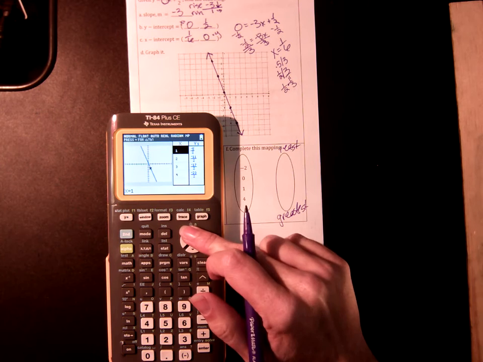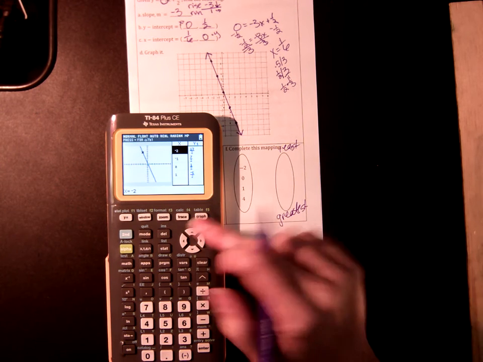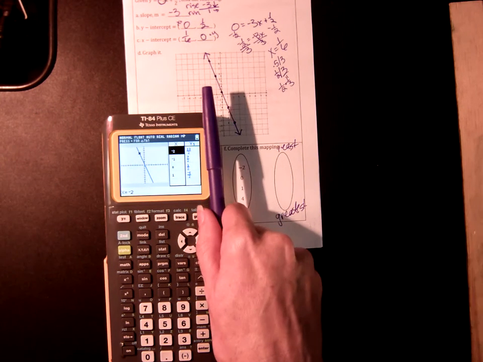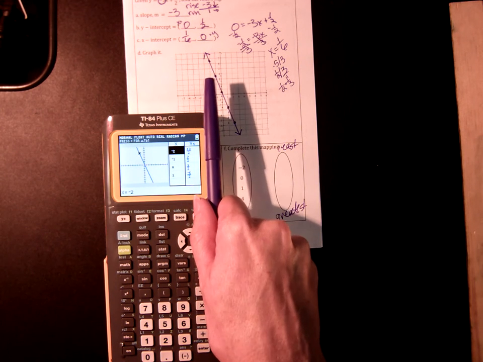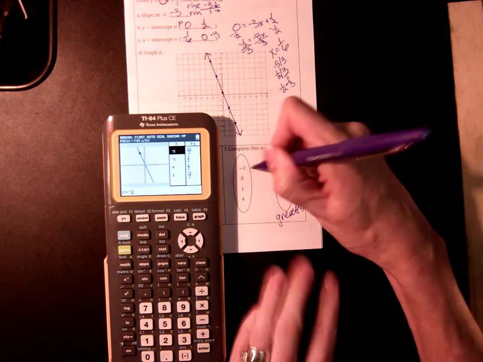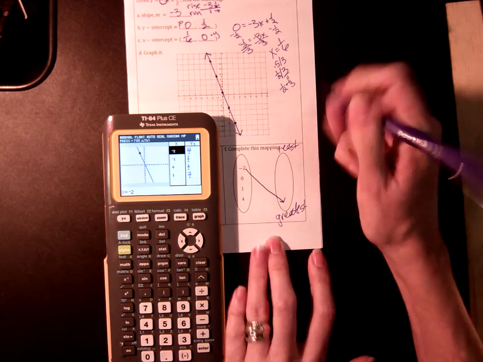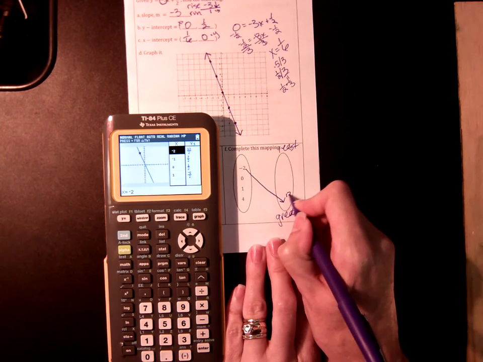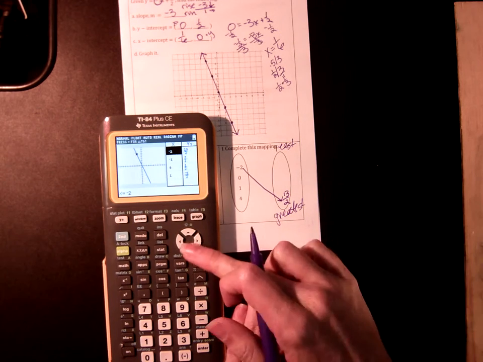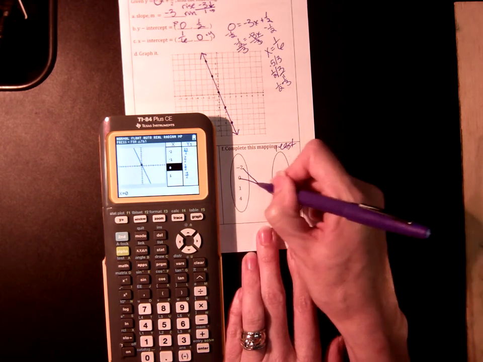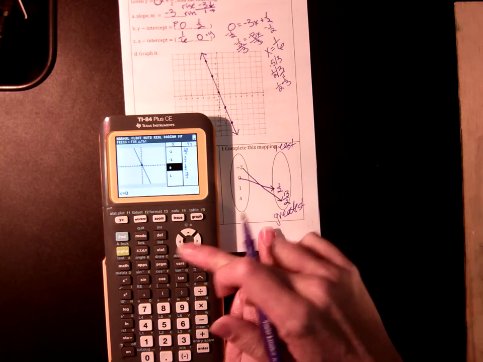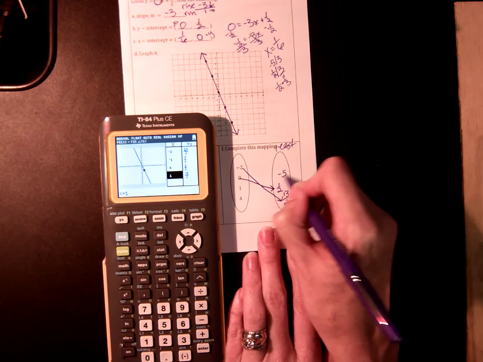So when we go back to -2, that's the farthest over here to the left on the x we're going to go, so that's the highest y value. So we're going to write that at the bottom, 13/2. 0 is 1/2. 1 is -5/2.